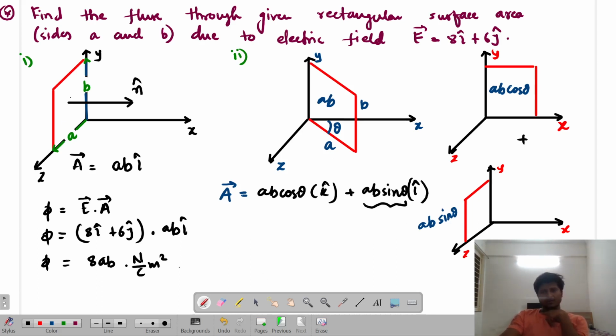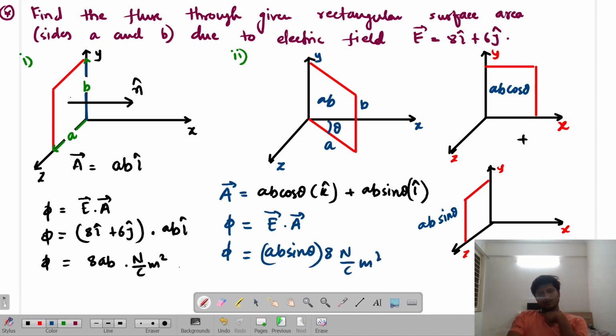This is my amount of area, and this is the direction of the positive normal, which we usually consider. So the flux will be simple: E vector dot A vector. Now i cap dot k cap is 0, j cap dot k cap is 0. So the flux is simply AB sin theta into 8 Newton meter square per Coulomb. That's your flux. Got it?